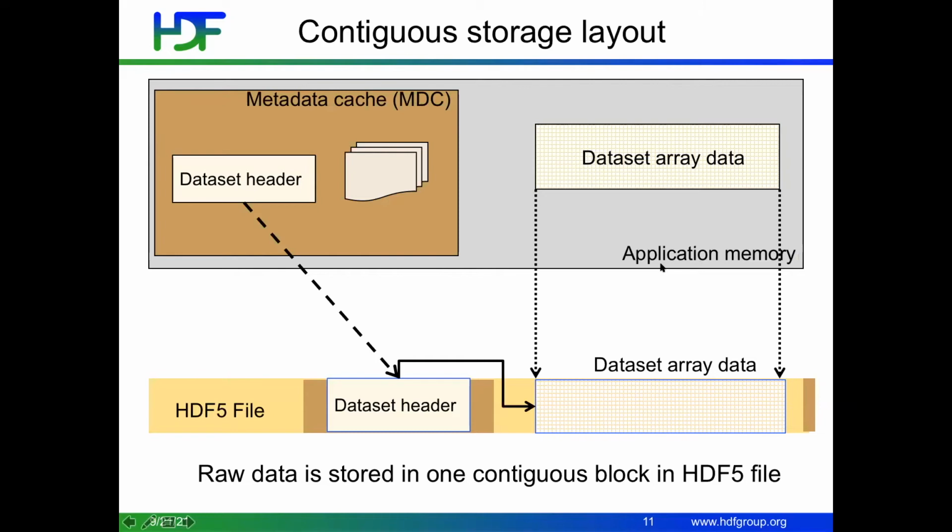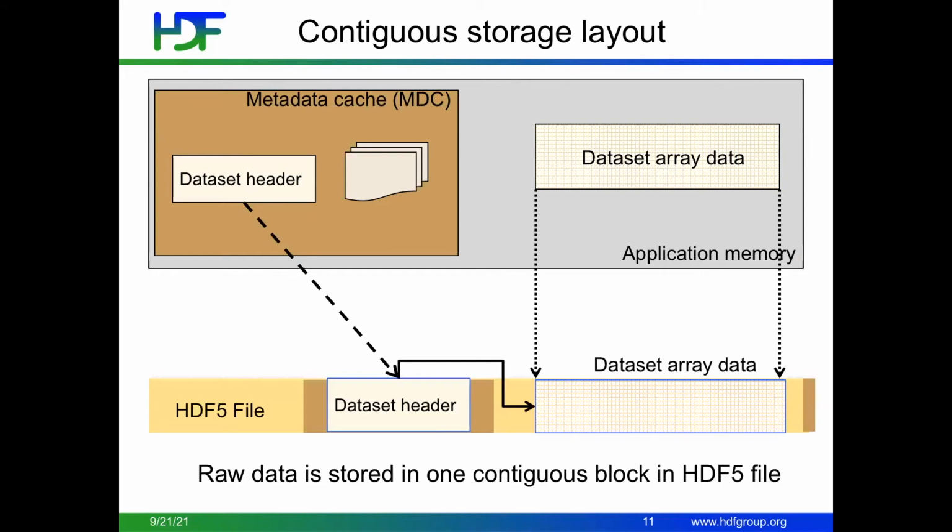When a dataset is contiguous, this is how it will look in the file and in application memory. In application memory, there is a buffer. It can be a smaller buffer, or it can be the whole array. There is the metadata cache in application memory. A dataset header is created with all the information when the dataset is created.